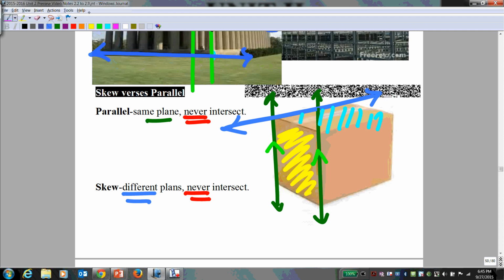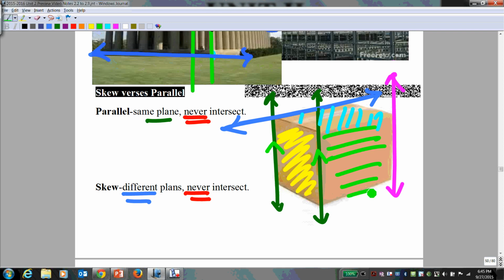And this blue line here, this edge, in 3D, they will never intersect. That one belongs to this plane. So the blue and the pink are what we call skew. They never intersect, but they're not on the same plane.